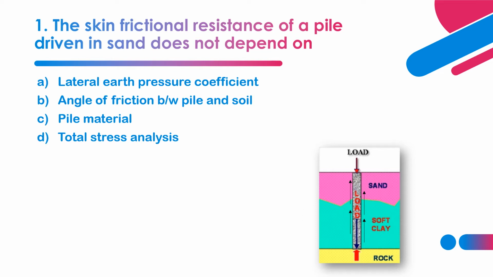Lateral earth pressure coefficient, we denote that as small k. Angle of friction between pile and soil is nothing but del. Pile material can be concrete or something else. Total stress analysis. So, what is the parameter that does not affect the total skin frictional resistance in case of a pile driven in sand?